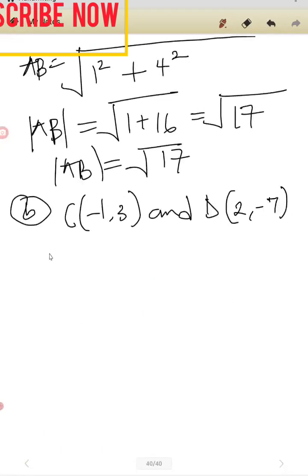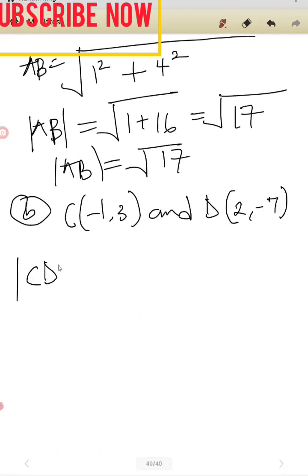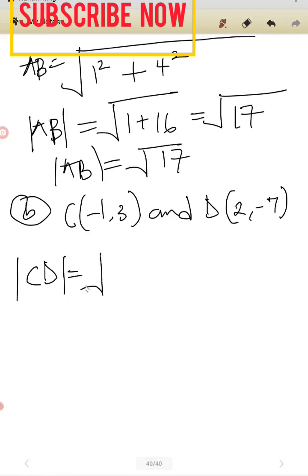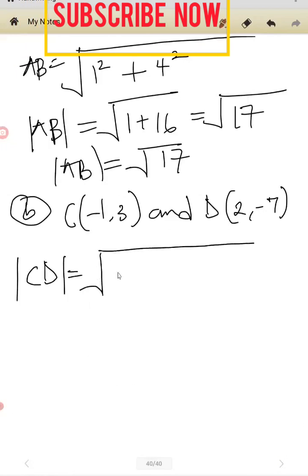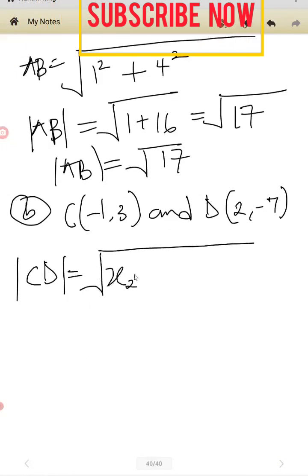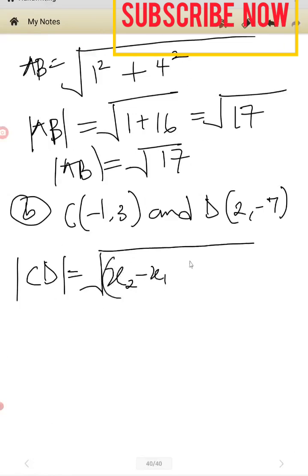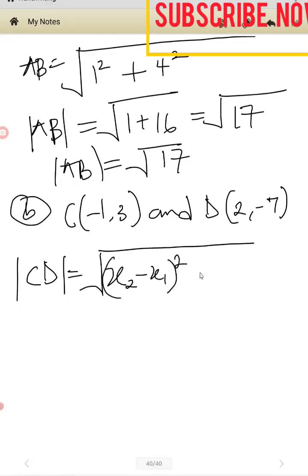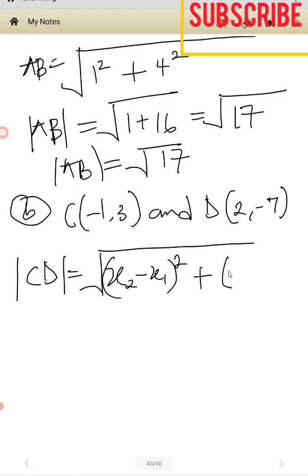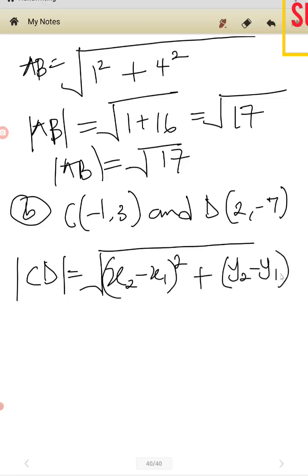So now, for CD, the formula is still the same, that is the distance between 2 points: the square root of x2 minus x1 all squared plus y2 minus y1 all squared.